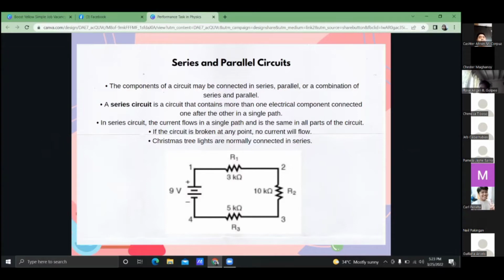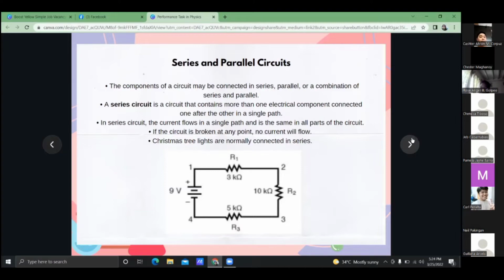Then, let's say the signs of a resistor, which are the zigzag lines in the figure below on the slide. Let's say it is a light bulb. So when a series circuit is used, the light bulbs can be a bit dimmer. But when it comes to a parallel circuit, the light bulbs may seem brighter.